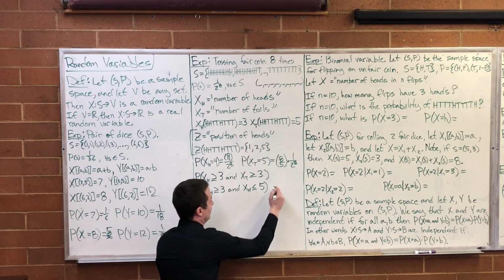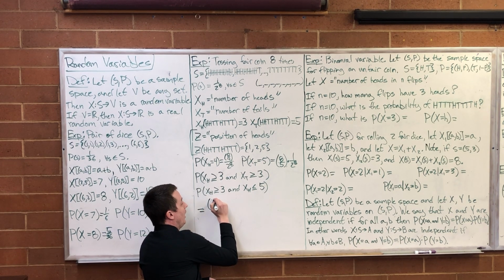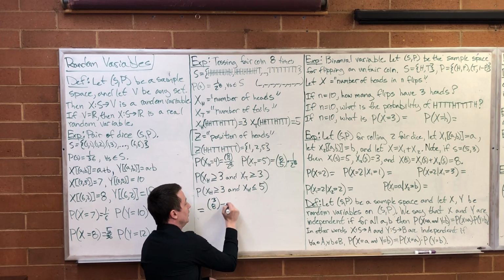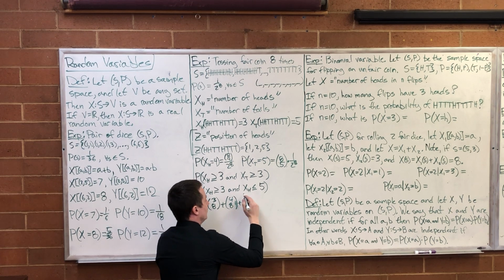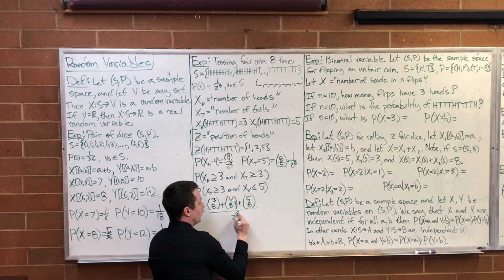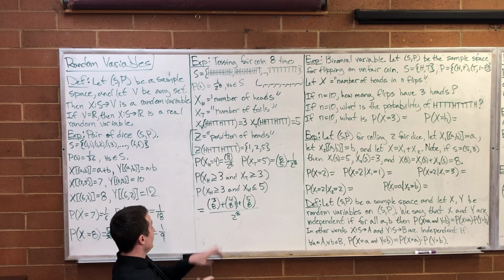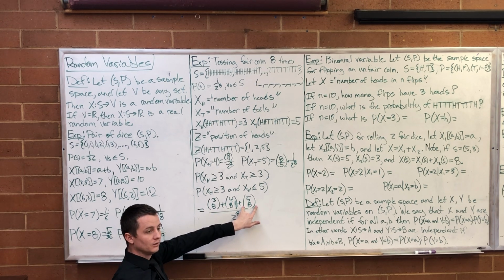Exactly right. This is equal to, nice and simple, how many ways can I get 3 heads, 8 choose 3, plus how many ways can I get 4 heads, 8 choose 4, plus how many ways can I get 5 heads, all over the total number of flips I can have. This many have 3 heads, this many have 4 heads, this many have 5 heads.